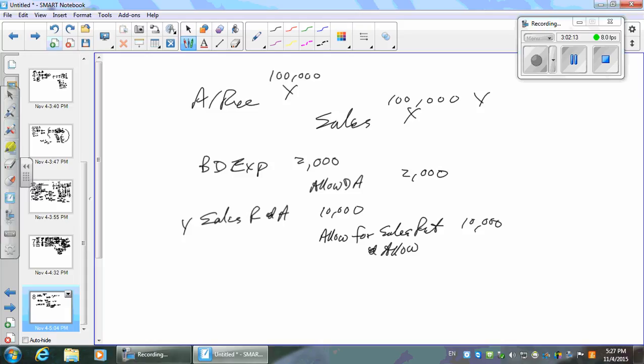And we make a journal entry. Look at the journal entry on the top of page 433. We debit cost of goods sold and credit allowance to reduce to LIFO. That increases our cost of goods sold and it reduces our inventory. You see that? We have disclosed inventory at LIFO, and we've disclosed cost of goods sold as though we were doing LIFO, net income as though we're doing LIFO. Got the idea?